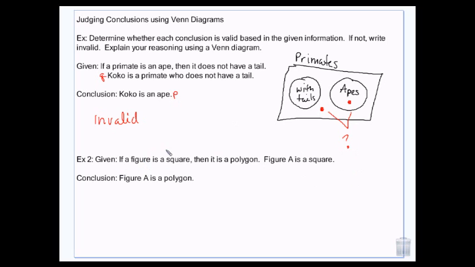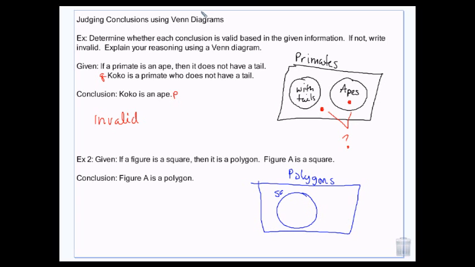Okay. If a figure is a square, then it is a polygon. So we have polygons, and inside the polygons, we have squares.